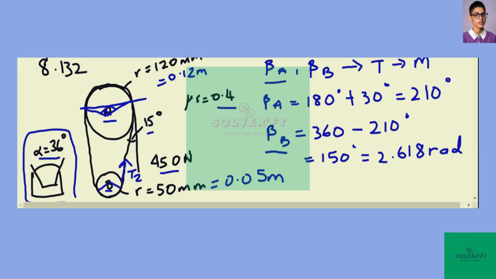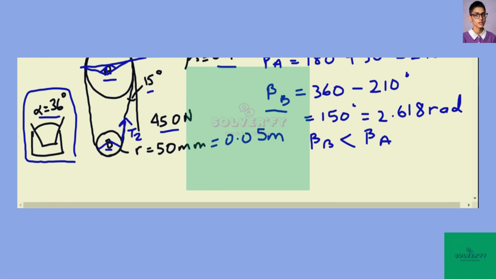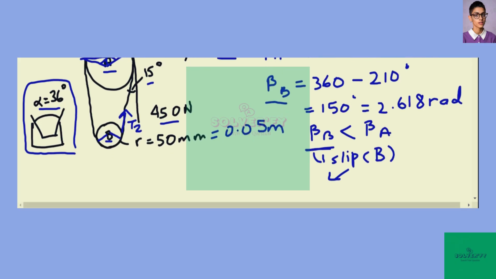So now we see that beta B is smaller than beta A. So basically, slip is impending on belt B. So let's use the impending slip equation on belt B to calculate T1.